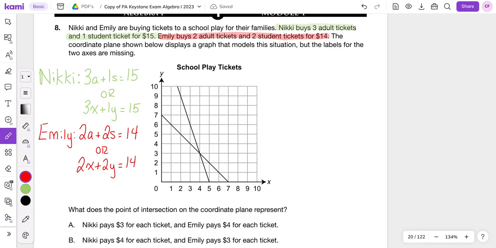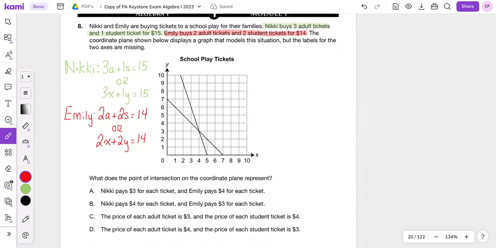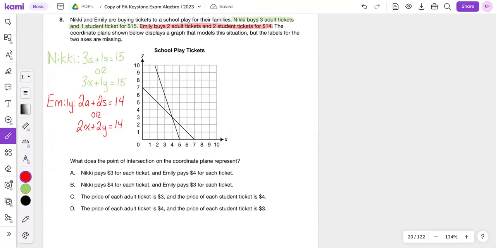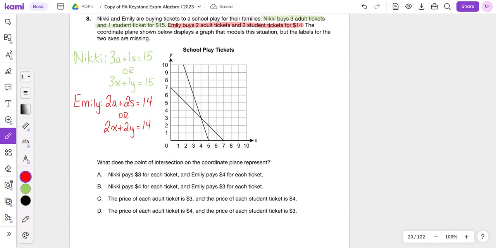Now we should figure out which line is which, and that is done by converting these from standard form to slope-intercept form. So with Nikki here, Nikki's was 3X plus 1Y equals 15. To convert from standard form into slope-intercept form, we move the X over on the left to the right by subtracting 3X.